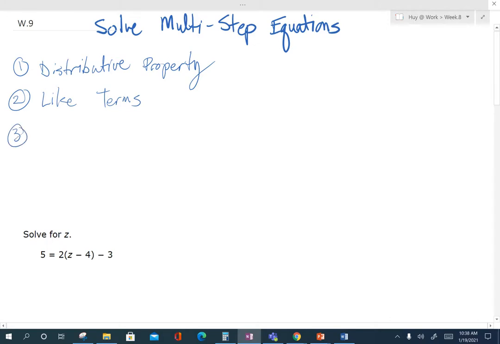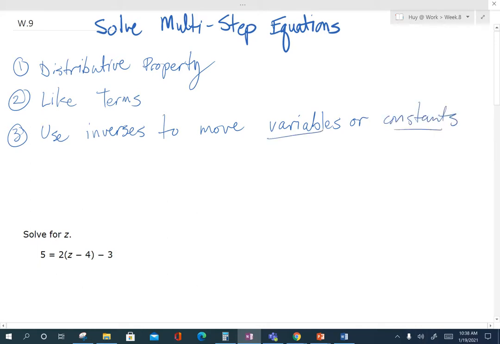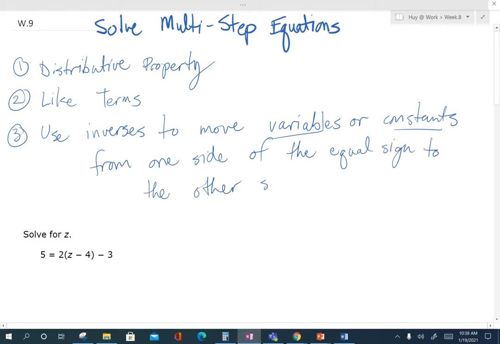And then you're going to need to use inverses to move variables or constants from one side of the equal sign to the other side.